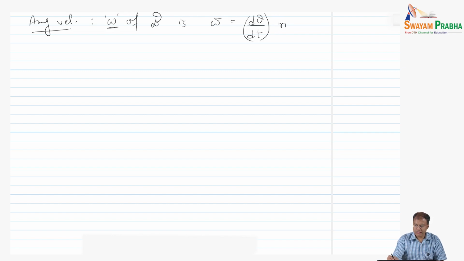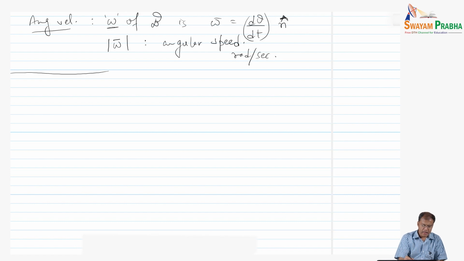Let me call this direction n hat, a unit vector. The magnitude of this angular velocity, mod of omega, is the angular speed, which is in radians per second, right? So that's a quick introduction of angular velocity.